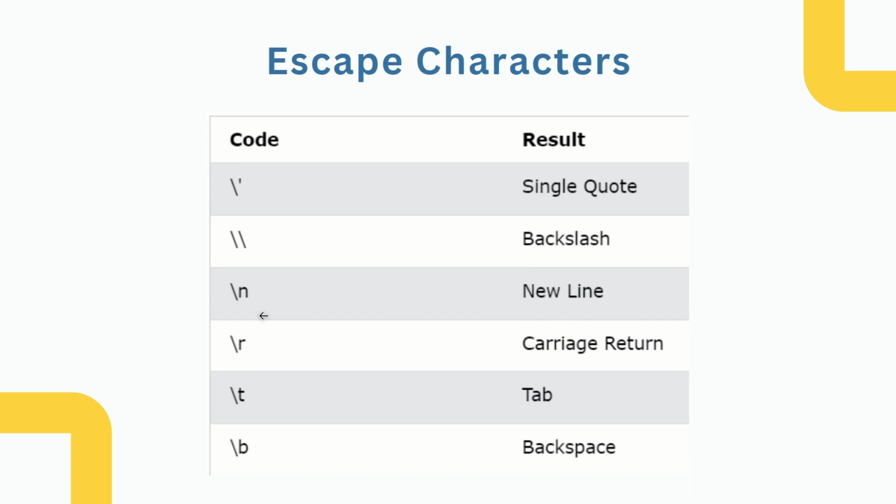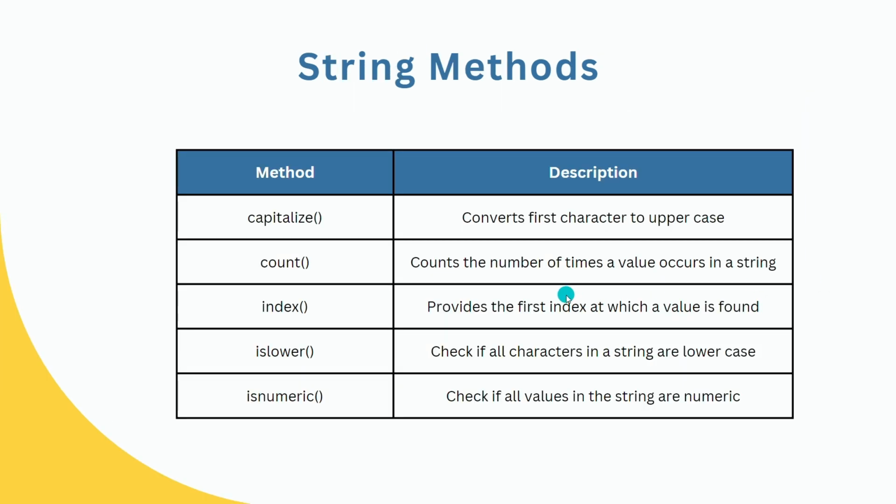So all these escape characters are represented by a backslash. Then similarly backslash t will give you tab. The rest are not used very often, but backslash n and backslash t will be used frequently, and I'll also show the usage.